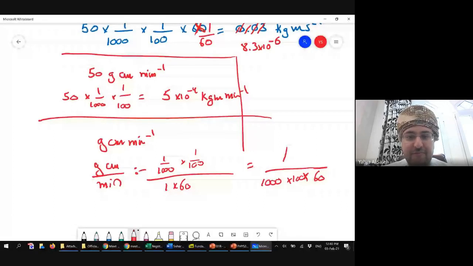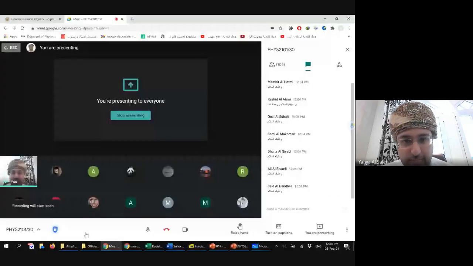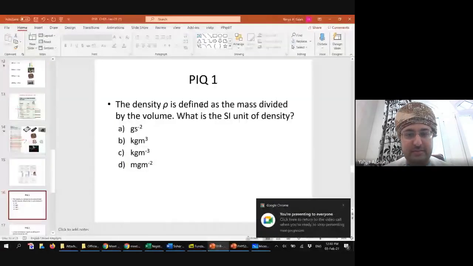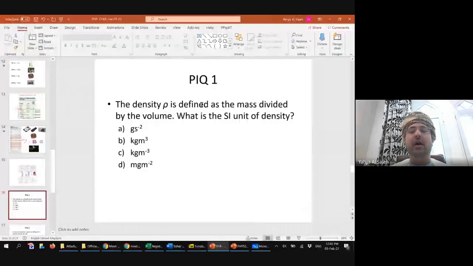In every lecture, we will have things that are called PIQs, like this. These are checkpoints where you check if you have understood what I have said, where I check if what I have just said, did I explain it well or not too well?